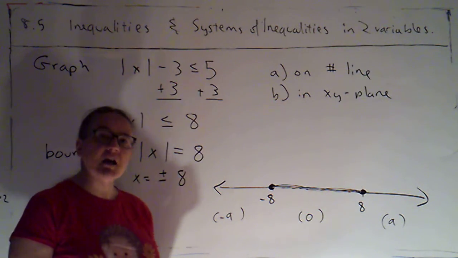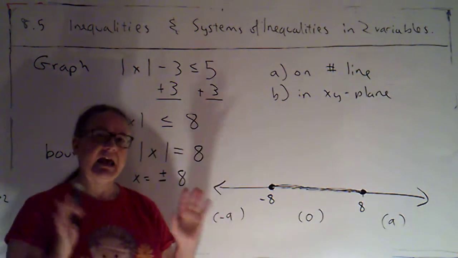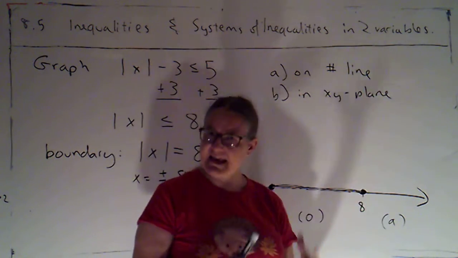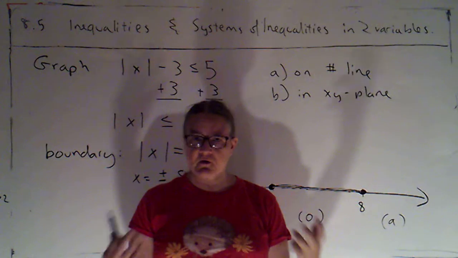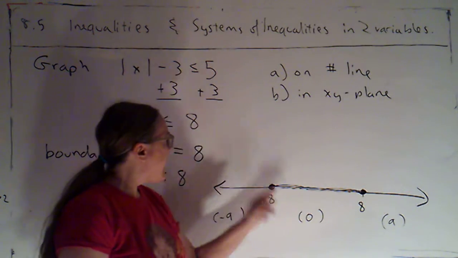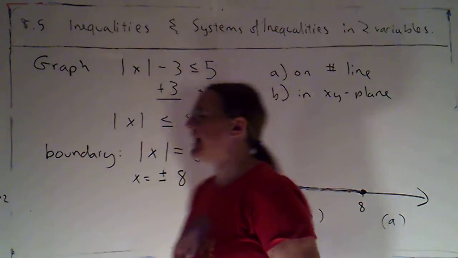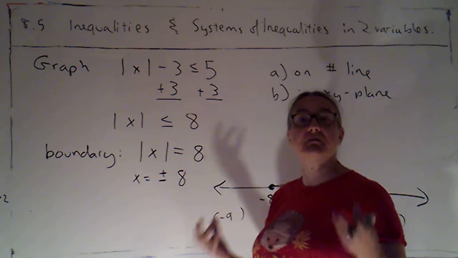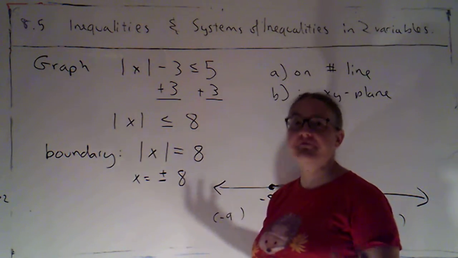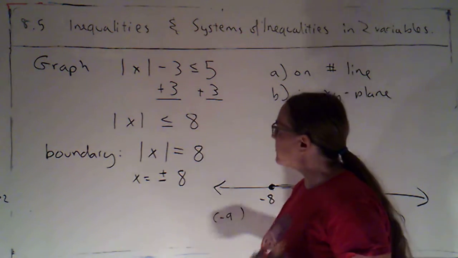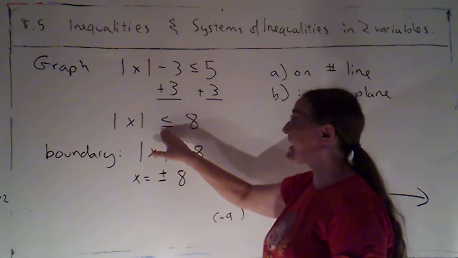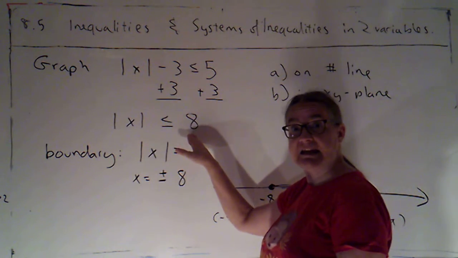Want to just share another way that we could think about this. Here we went through one subinterval at a time and tested each one. That's certainly a viable option. But another way we could think about that is to remember that absolute value actually just means distance from 0. So this is saying that the distance that x is from 0 has to be less than or equal to 8.